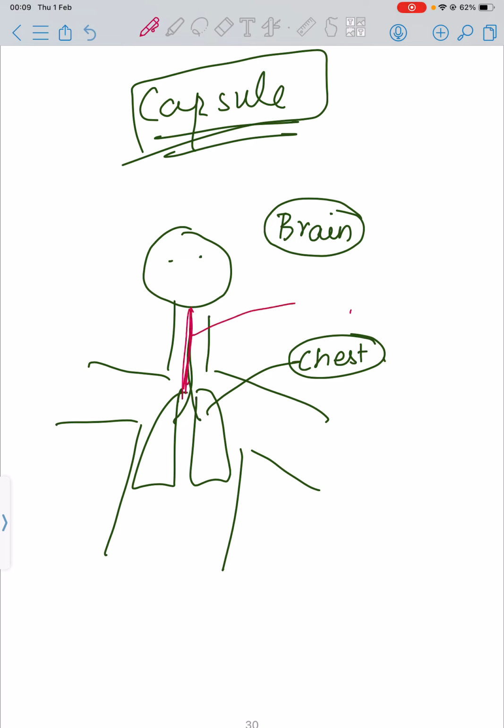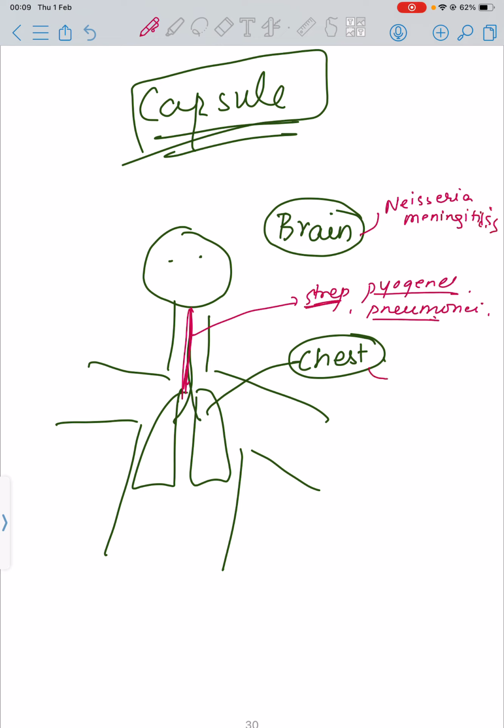One example is Streptococcus pyogenes, Streptococcus pneumoniae, Neisseria meningitidis, Haemophilus influenzae. For now, I'll just mention 4 names. There are a lot more, but we'll come to it later.